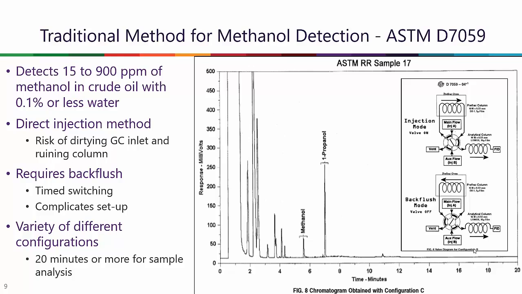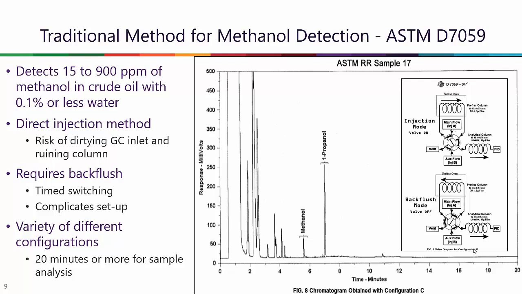And in the image on the right-hand side, I just have an example of a chromatogram from one of the configurations where it uses a valve in a backflush mode to basically dispose the heavier compounds, because all of these methods consist of a direct injection of crude oil into your GC system.